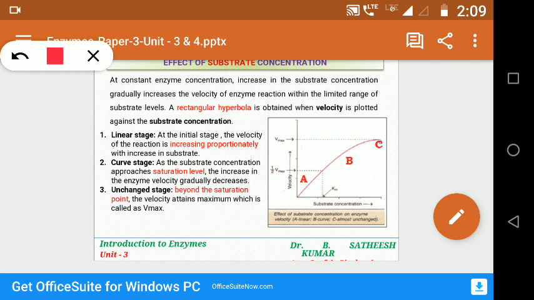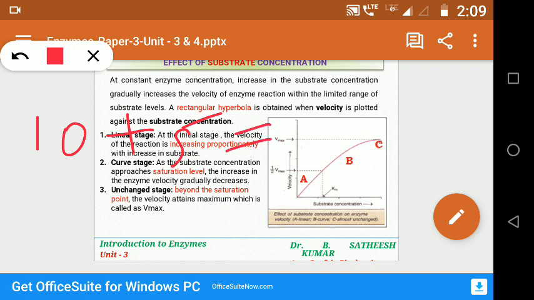Suppose we take a lesser amount of substrate compared to the concentration of the enzyme, what happens? The enzyme will convert the total amount of substrate molecules to product in 1 second. Suppose we have 10 enzymes and we are using only 5 substrate molecules.